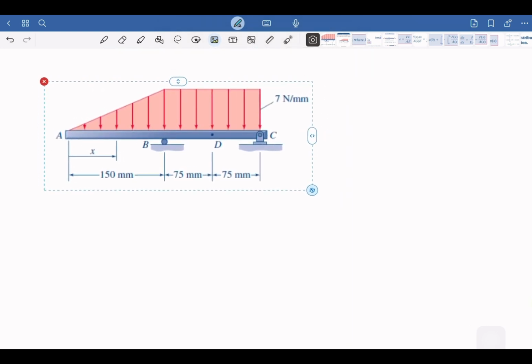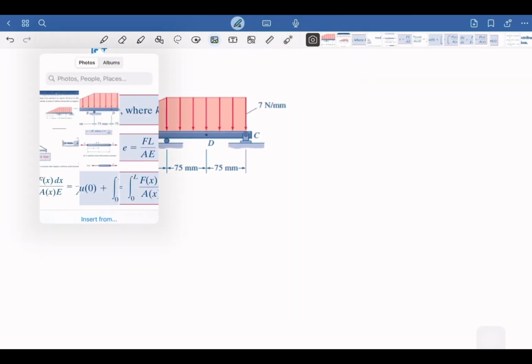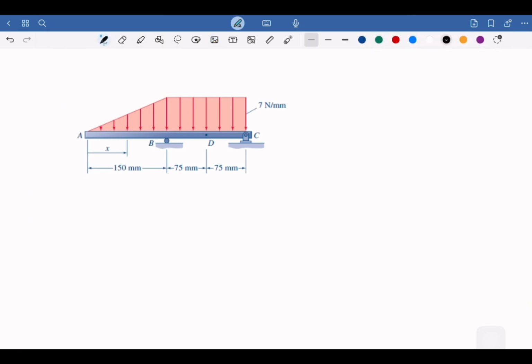So first is about the x to 150. So we need to cut. Okay, we need to cut. So let me draw.